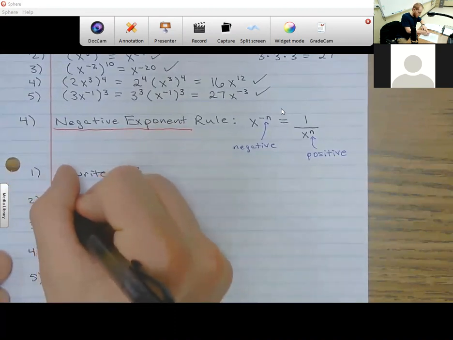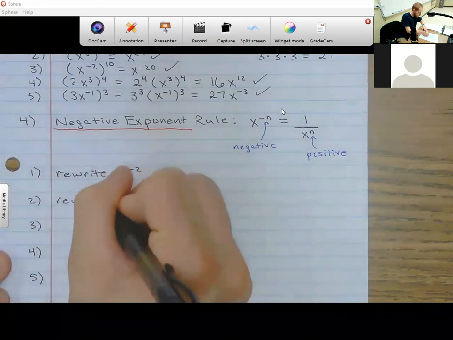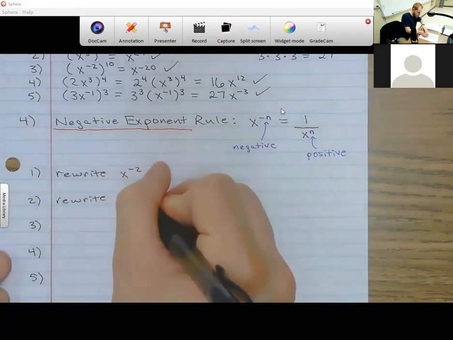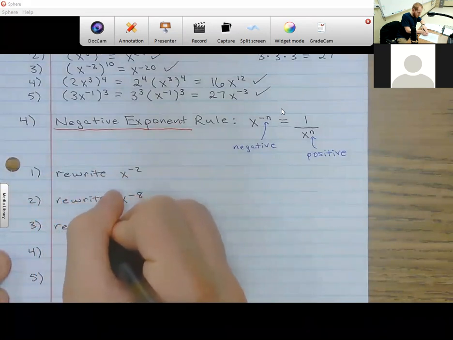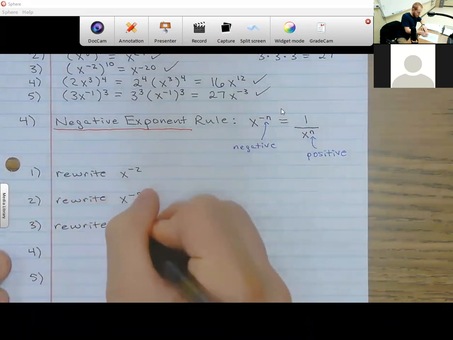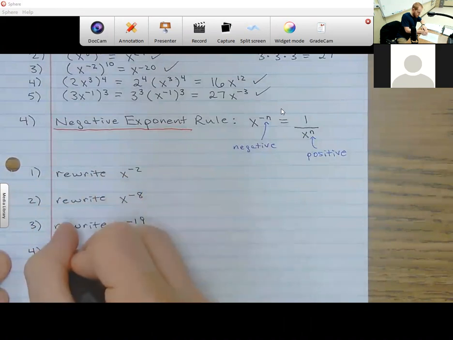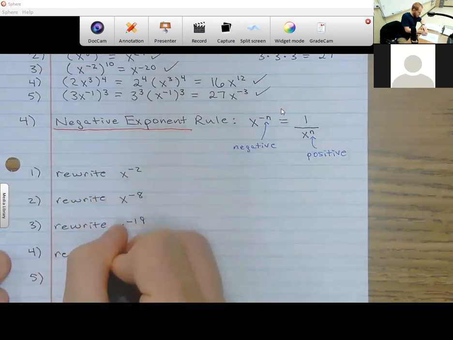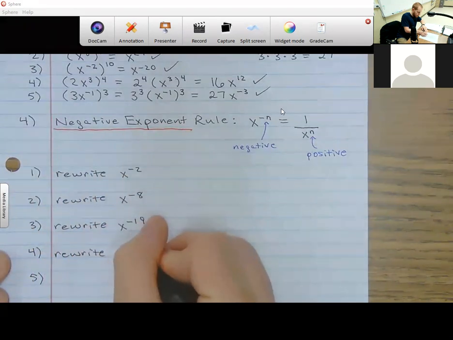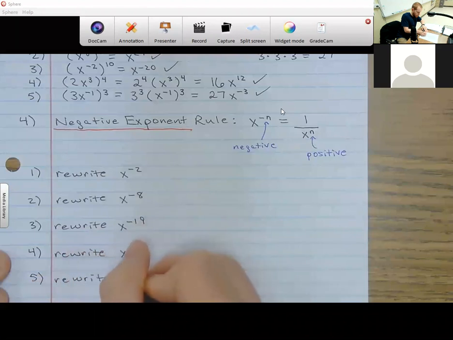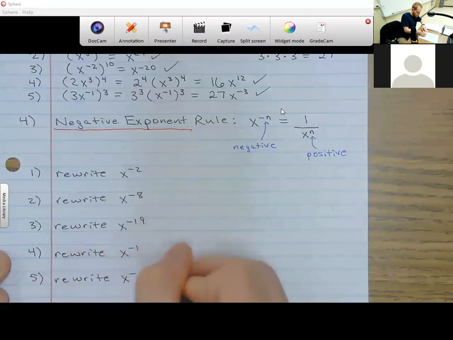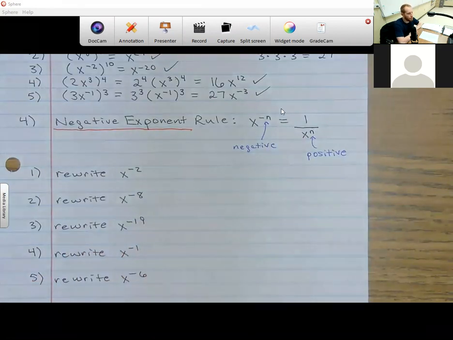We're going to rewrite x to the negative 8. We're also going to be rewriting x to the negative 19, x to the negative 1 power, and x to the negative 6. Okay. So for this first one, we have x to the negative 2 power, right?